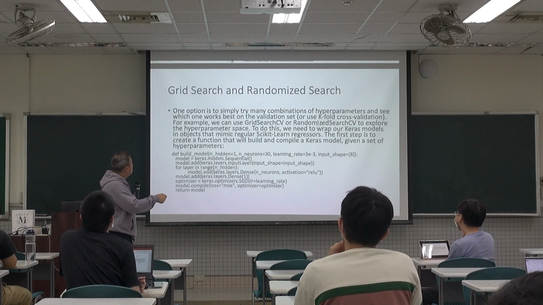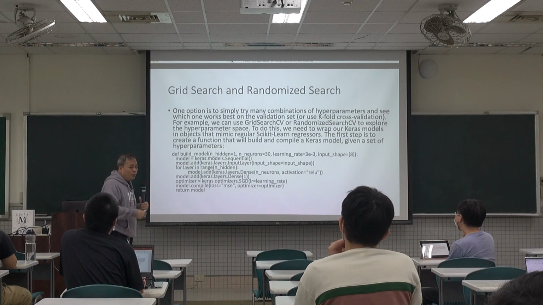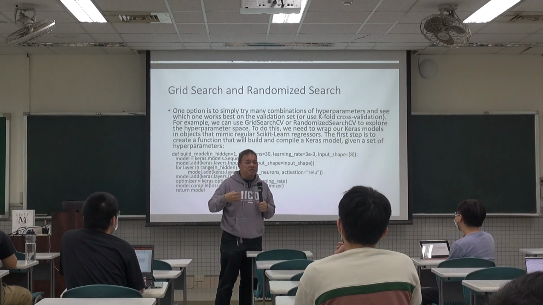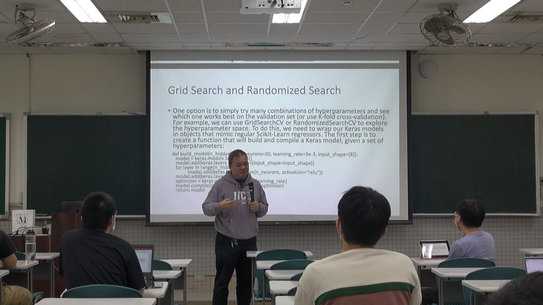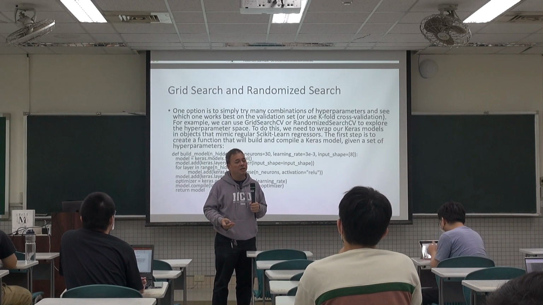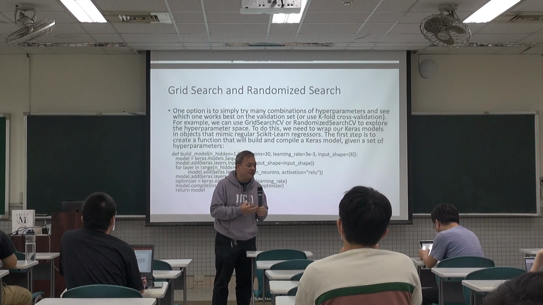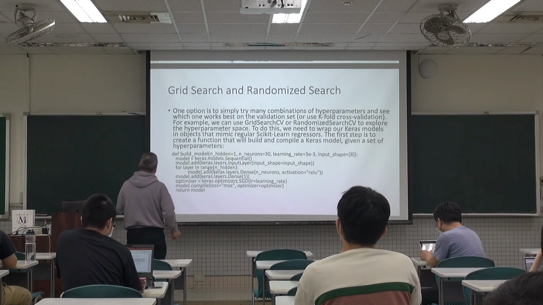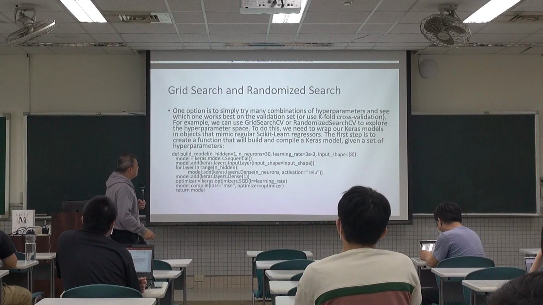But with grid search, obviously, when the number of parameters increases, you are going to have many combinations to try. For each combination it takes time to train the model, so maybe it's not an ideal approach.